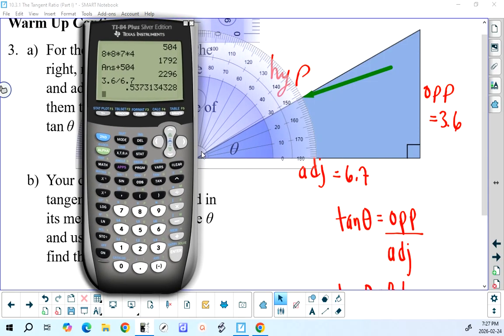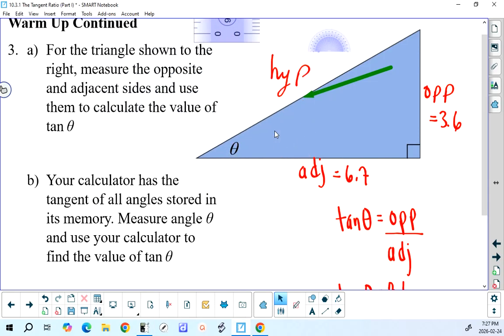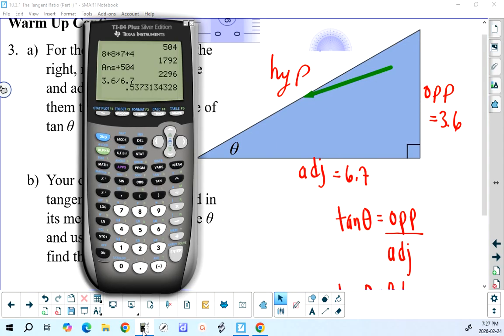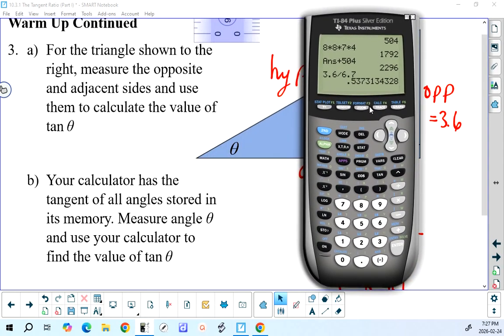One of the things that you need to know is that your calculator can be in different modes. And in this course, anytime we're doing trigonometry, you want your calculator to be in degree mode. So there's a button at the top right beside the second button, which is blue on my calculator, that says mode. And when you hit it, you'll see this set of options.